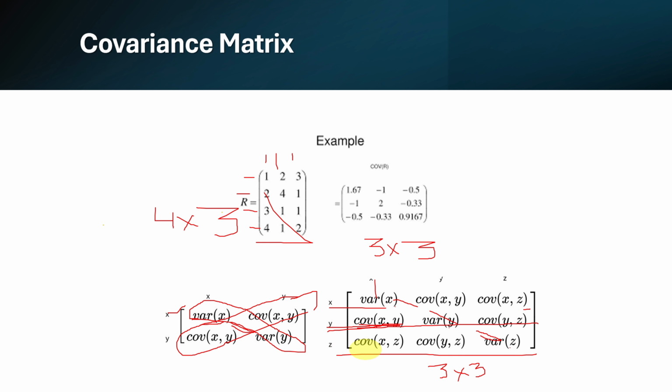People usually get confused with x and z. x is coming from your column, and z is coming from your row, so you write covariance x comma z. In this one, covariance y comma z, because y is coming from your column and z is coming from your row side, and variance of z. So this is how you do the covariance matrix.